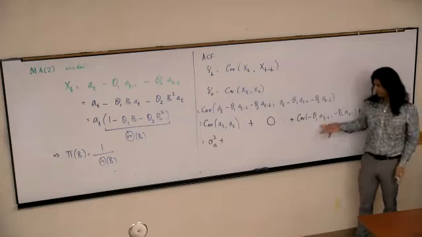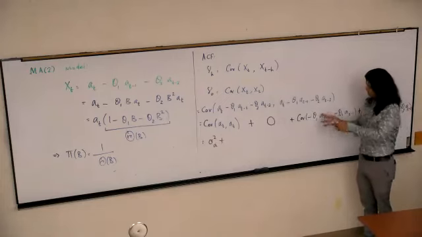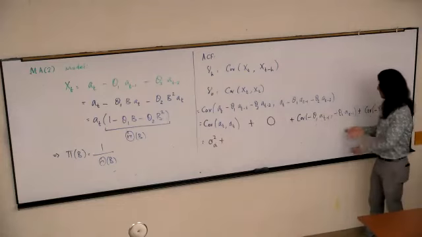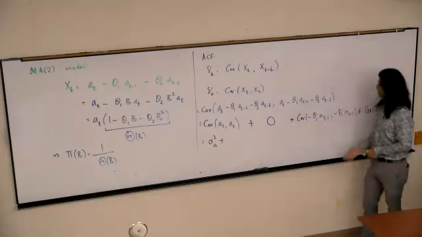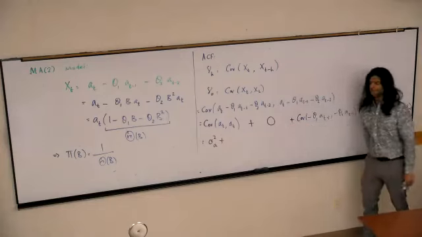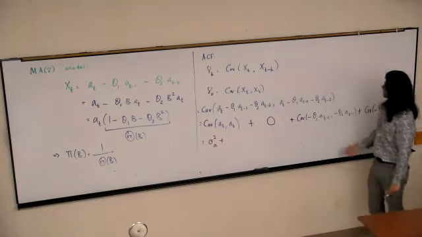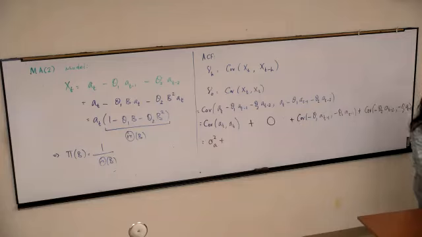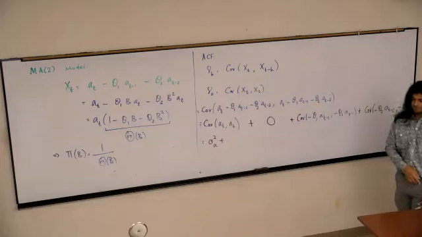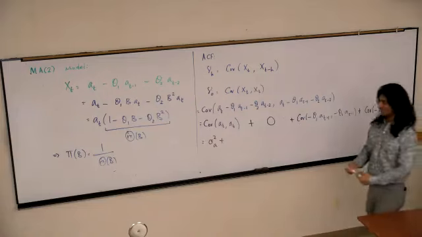Long time ago, properties of covariance: if you have A times X and B times Y, you can pull the A out and you can pull the B out. So if I pull negative theta 1 out and another negative theta 1, negative theta 1 times negative theta 1 is theta 1 squared.